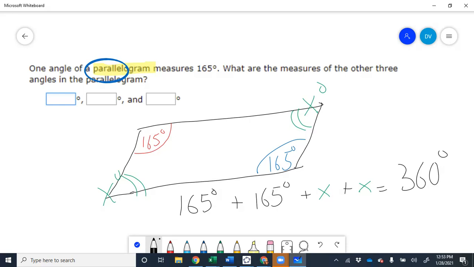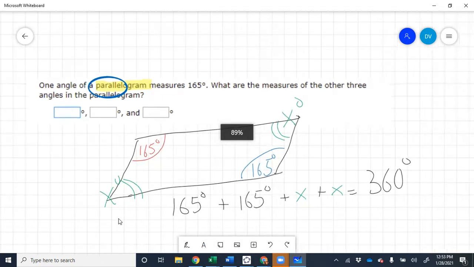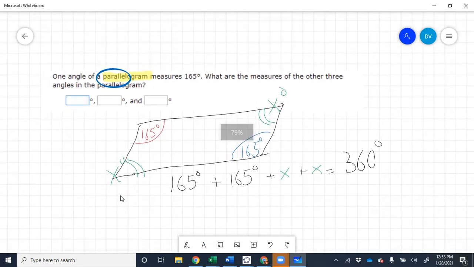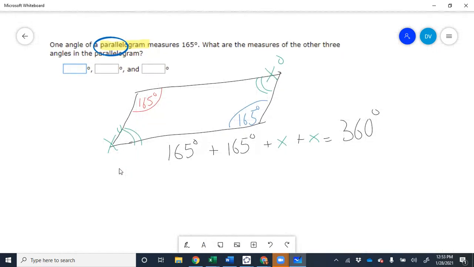So we need to go ahead and simplify what I have here. And since I need a little more room, we'll move that up. Okay. If we add up 165 and 165, I think we get 335. Is that right? Yeah. 330. Sorry, 330.